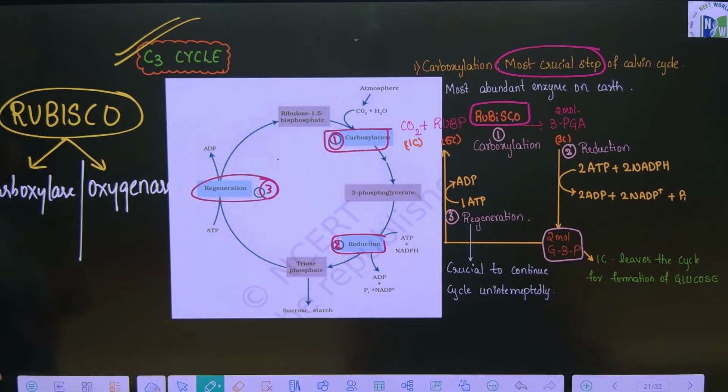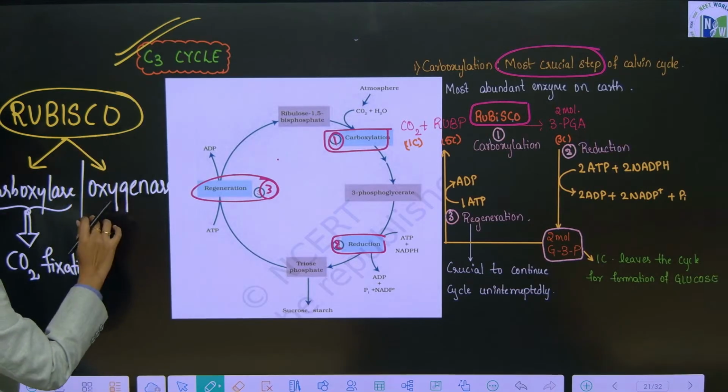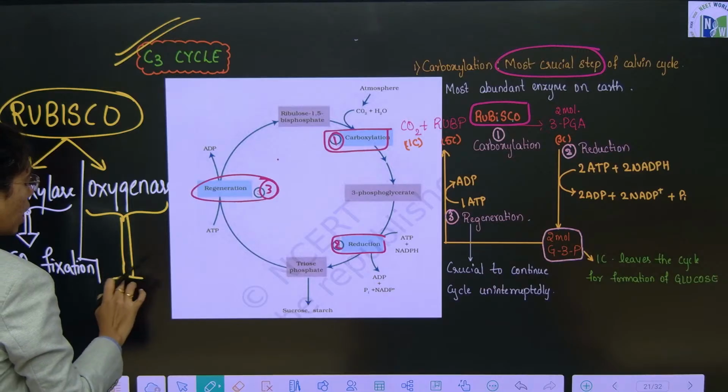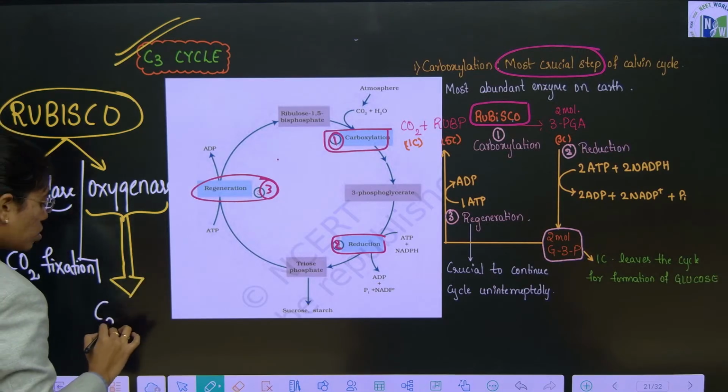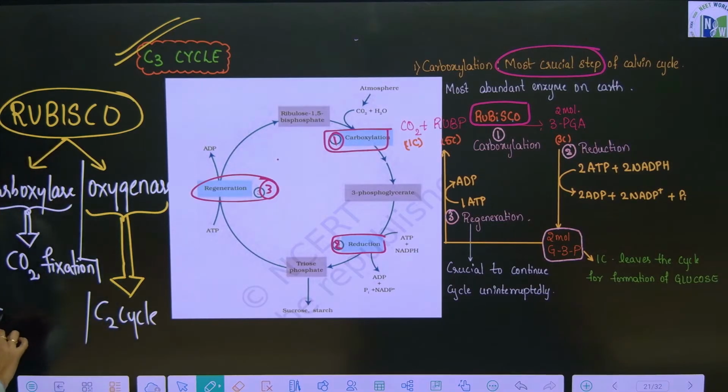Whenever Rubisco is performing carboxylase activity, here carboxylation takes place, where carbon dioxide fixation occurs. Fine. Oxygenase, when Rubisco is performing oxygenase activity, here photorespiration occurs or C2 cycle is operated.